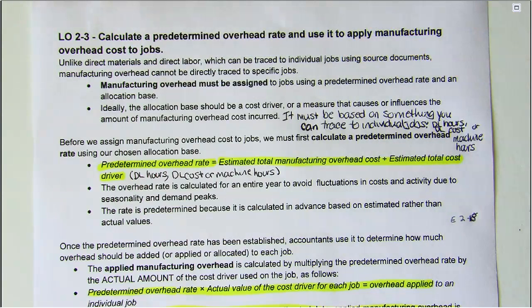Now, why do we have to do that? Why can't we just use receipts from paying rent, or perhaps take the actual hours of janitorial labor and split it up over the jobs that we worked on? Well, the difficulty is using monthly actual overhead amounts would result in variations from month to month.